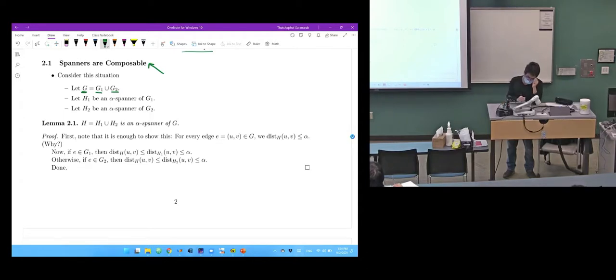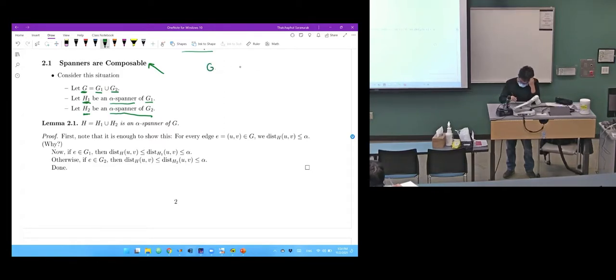Then, given G1, you compute H1, which is a spanner of G1. And then you compute H2, which is the spanner of G2. Like you have two graphs.